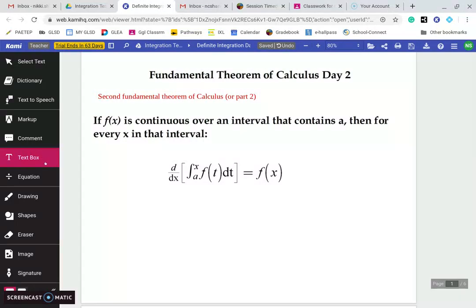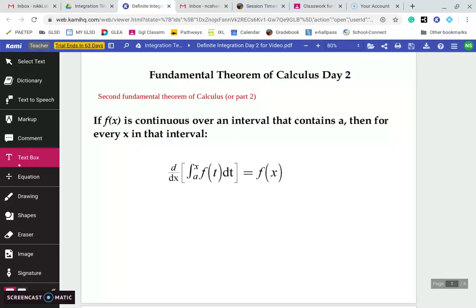So what the fundamental theorem of calculus, the second part, says, and it's a little technical, so I'm going to try to explain it the best that I can, is that if you have a function that's continuous over a certain interval that contains a, being a number, then for every x in that interval, this is going to be true. Now, all this is saying is that if you take the derivative of the integral, you'll get the original function back.